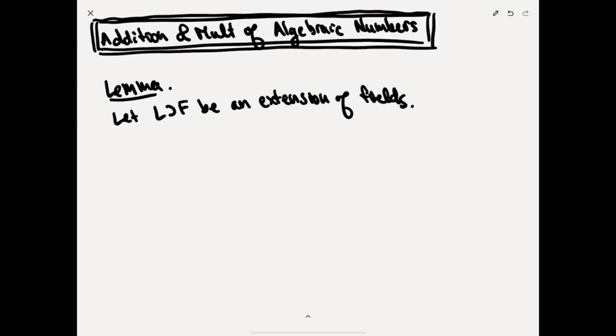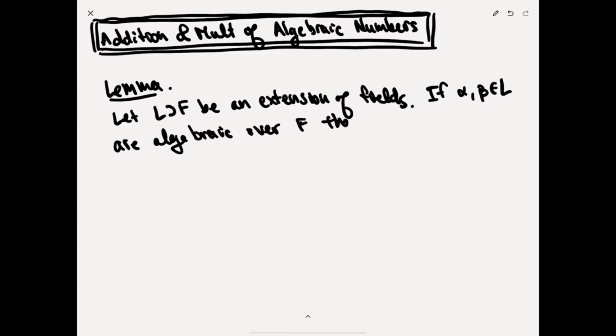And then if alpha and beta in L are algebraic over F, then so are alpha times beta and alpha plus beta.